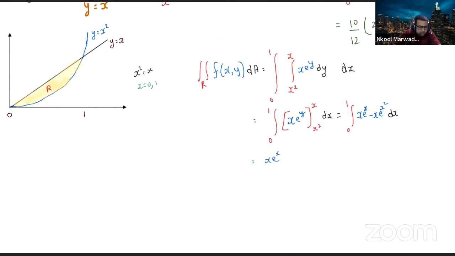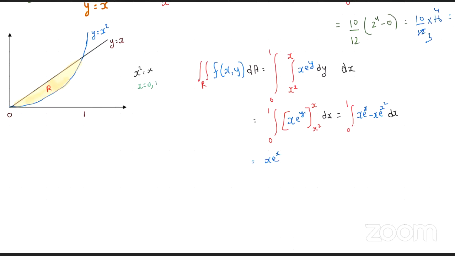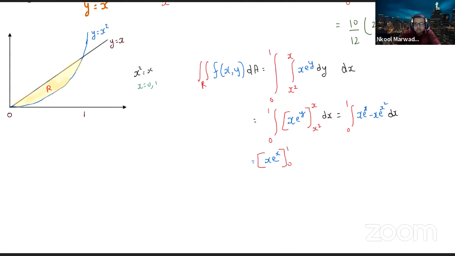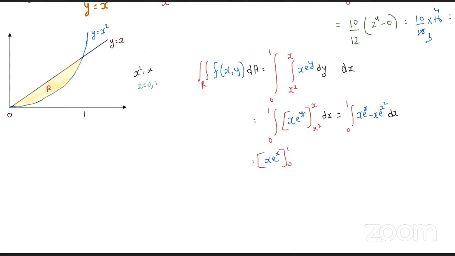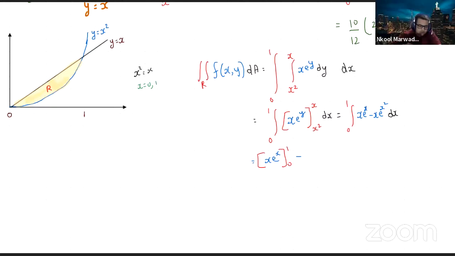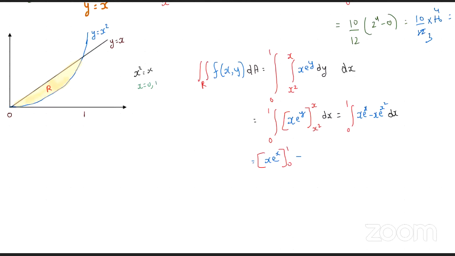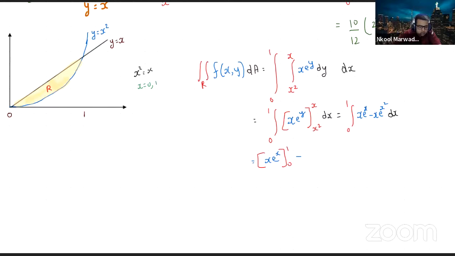And the limits are 0 to 1. What about the second function, x e to the power of x square? One second, I am writing it down. It will be half e to the power of x square.